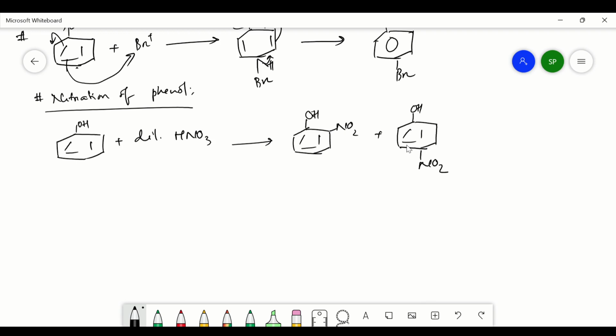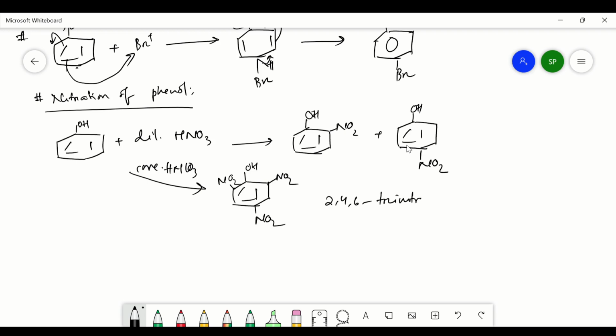But instead, if we use concentrated HNO3, there will be formation, in a low yield, of picric acid, or 2,4,6-trinitrophenol.